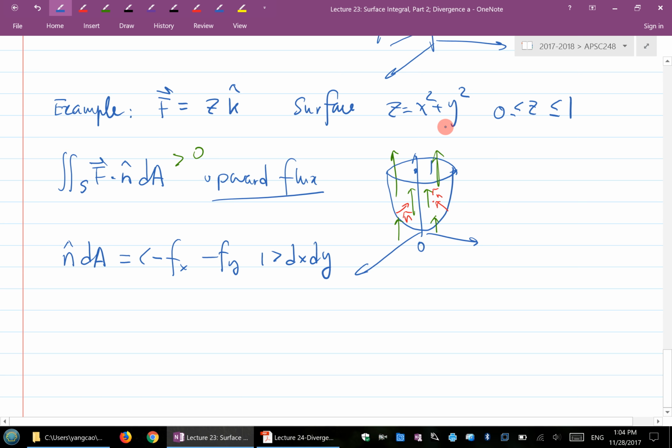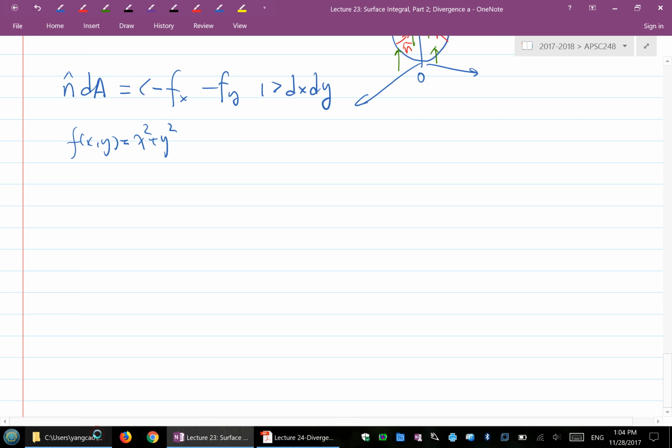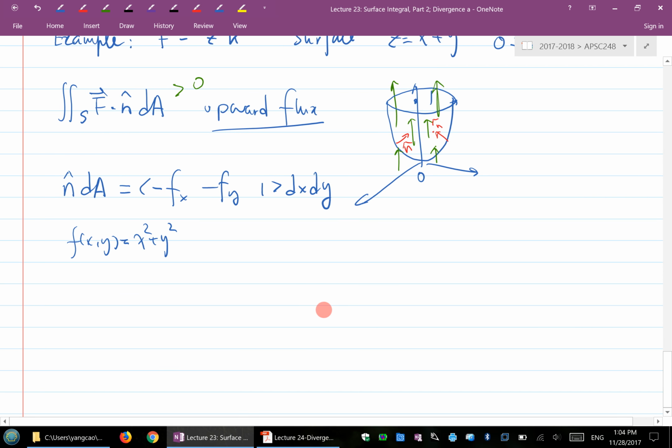You look at the surface here: f of xy is equal to x squared plus y squared. So your n hat dA is equal to negative 2x, negative 2y, and then 1, dx dy.